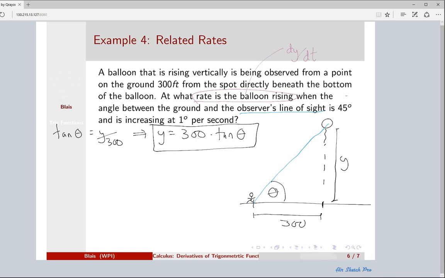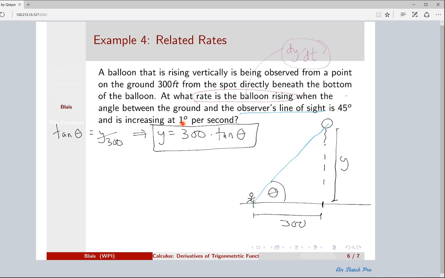So we're asked to find what that rate of change is given a specific instance. And that instance is when this angle is 45 degrees and the angle is increasing at 1 degree per second.